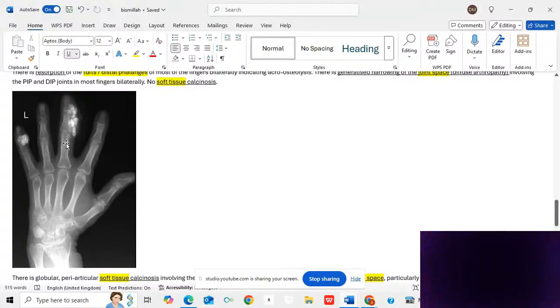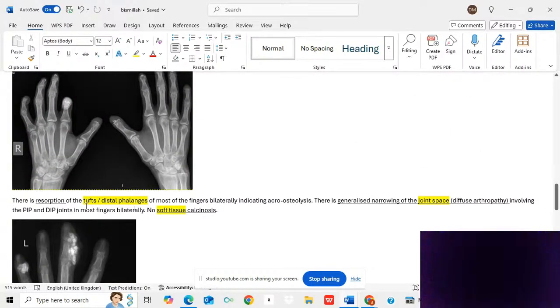Then the bone, it will cause erosions, erosive arthropathy. So the first thing is soft tissue calcinosis, seen here, not seen on the previous case.